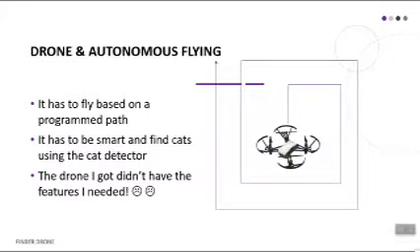For the drone and autonomous flying, the drone has to fly based on a programmed path. It could be a spiral or scanning sequentially, but it also has to be smart to find cats using the cat detector, and later also the cat classifier. So it has to be a smart autonomous drone.